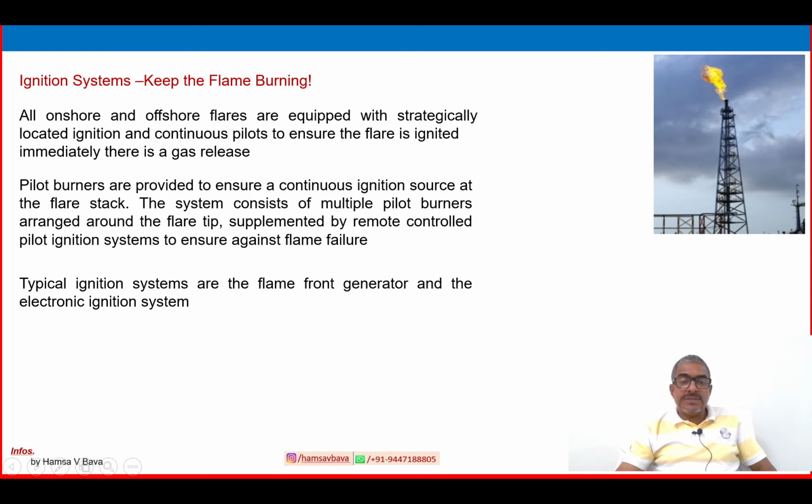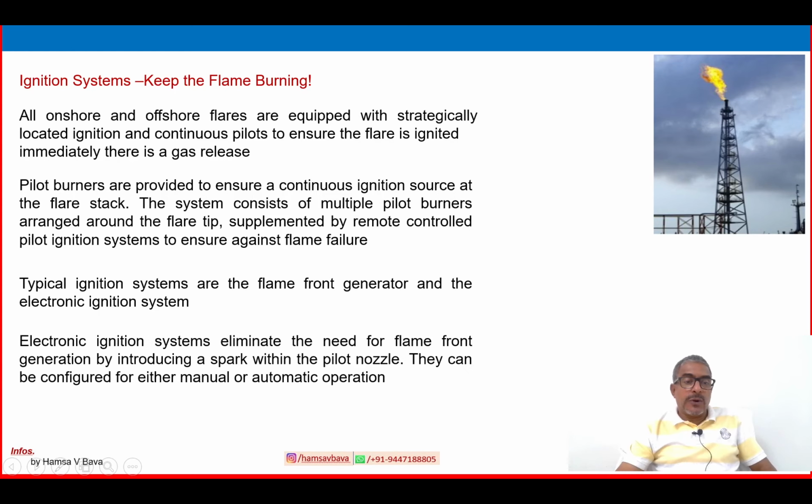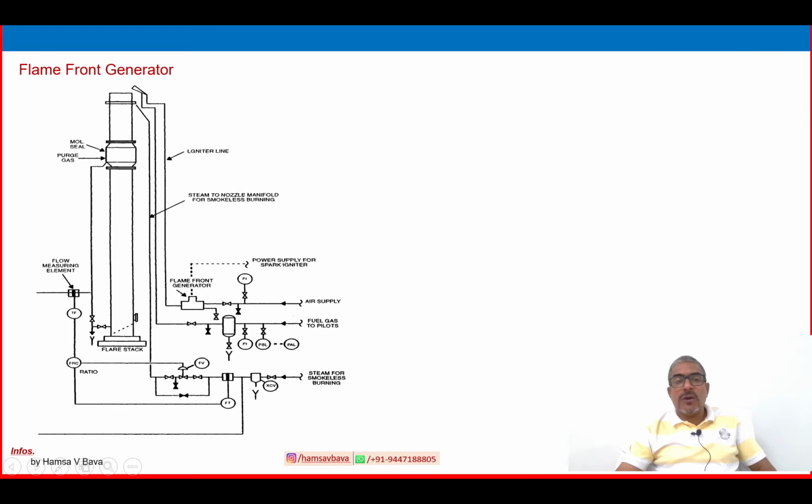Typical ignition systems are the flame front generator and the electronic ignition system. Two types of ignition systems are available. Electronic ignition systems eliminate the need for a flame front generator by introducing a spark within the pilot nozzle. They can be configured for either manual or automatic operation. So this is the flame front generator.